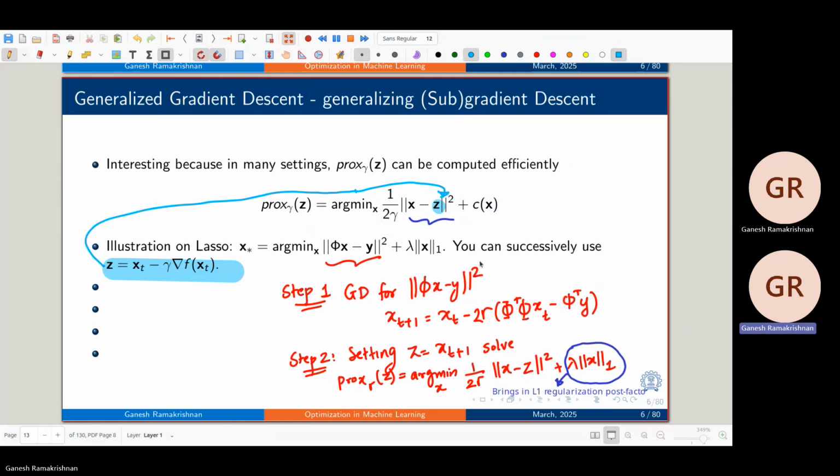This expression we have solved already: prox_gamma is the argmin over x of 1 upon 2 gamma times the norm of x minus z squared, plus lambda times the one norm of x. Z is already set here. What was the solution to this part?